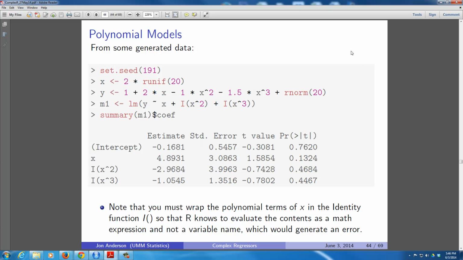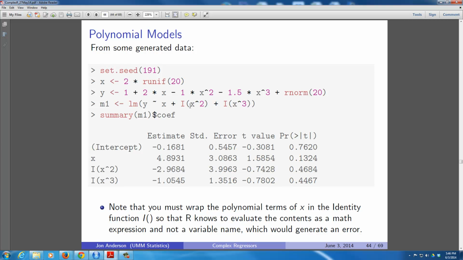Here's an example to illustrate it. I'm making some fake curved data here, and I'm using a model M1 to try to explain the relationship between y and x. There's a single x variable, but I'm going to model y in the mean function with the variable x plus the identity function of x squared and the identity function of x cubed.